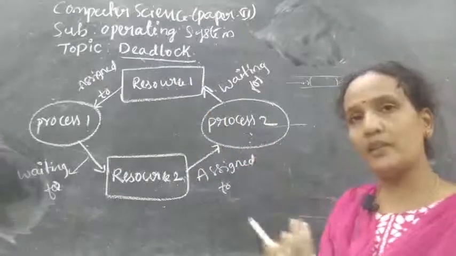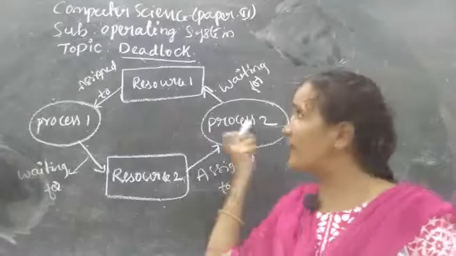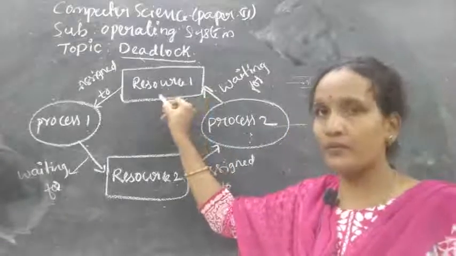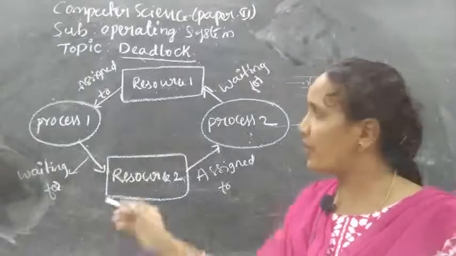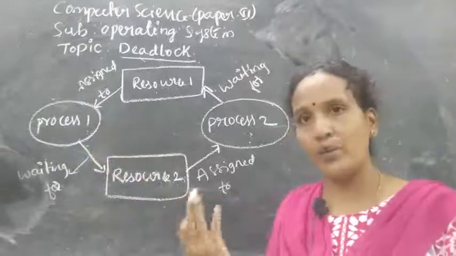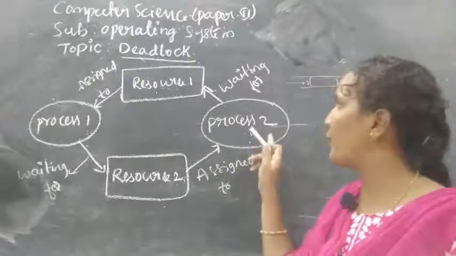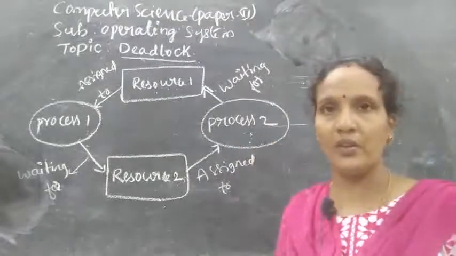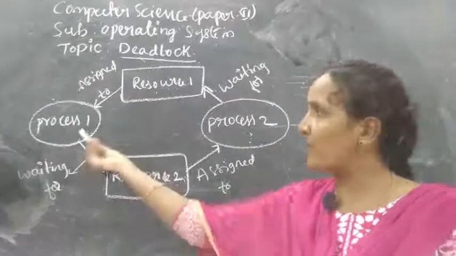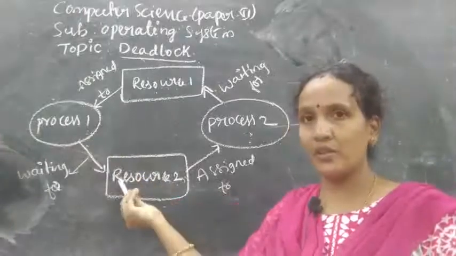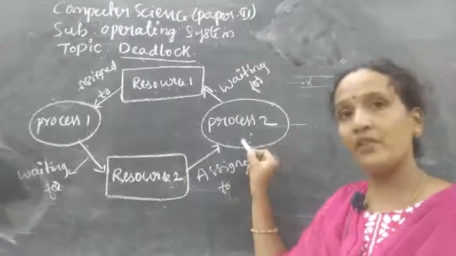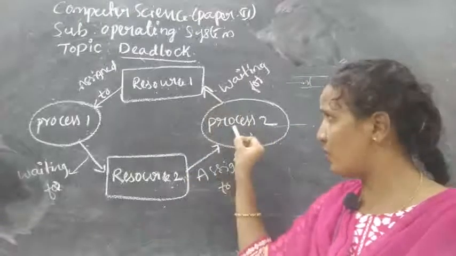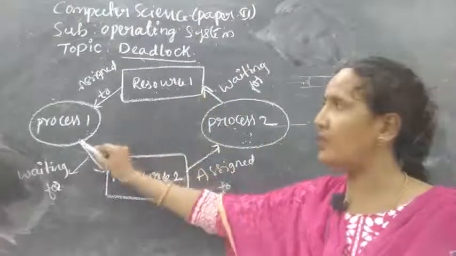It is holding resource 2 and it is requesting resource 1 which is held by process 1. So process 1 will not complete execution and process 2 also will not complete execution, because whichever resource process 1 wants, that is held by process 2, and whichever resource process 2 wants, that is held by process 1.